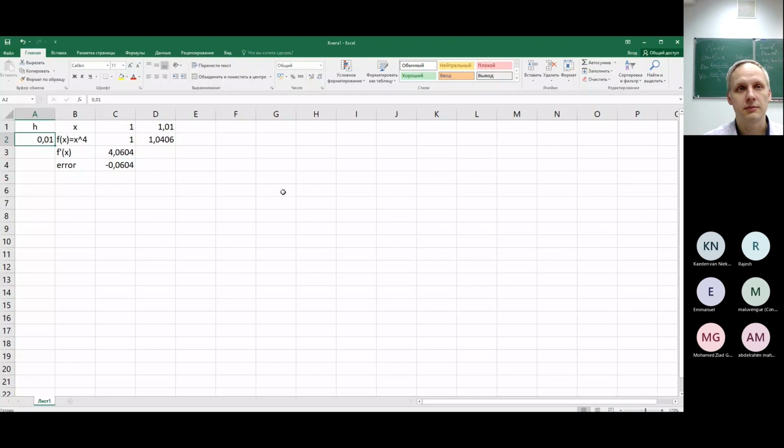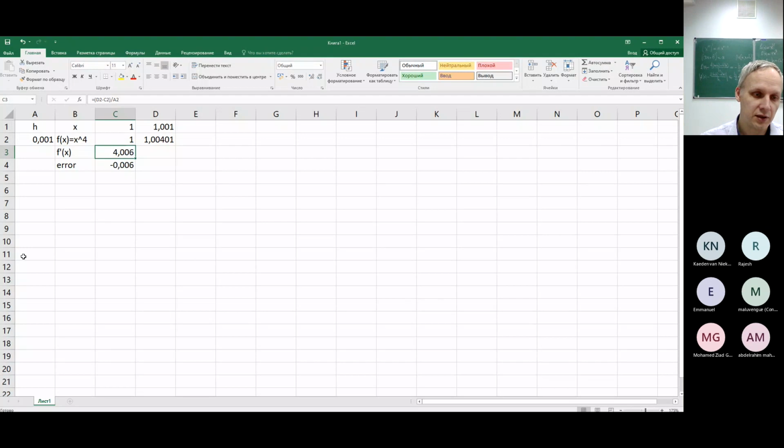If I decrease h again, the error becomes again 10 times smaller. You see that the approximation now is 4.006, but the real value is 4.